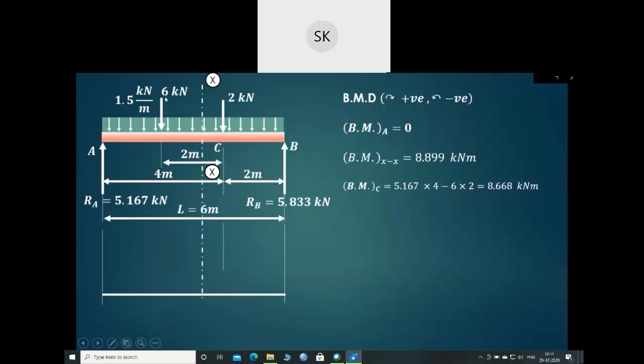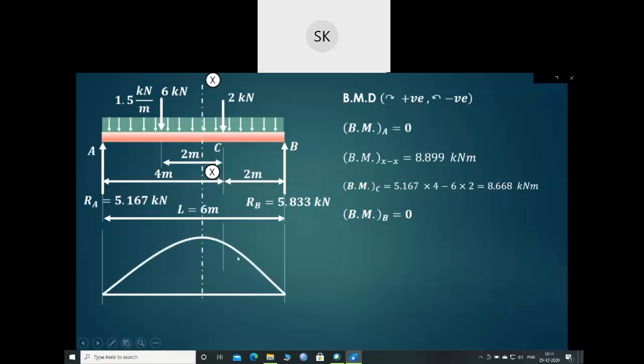Then the UDL which we have converted into a point load, that is 6 kilonewton, will produce anti-clockwise moment about C, and the perpendicular distance is 2. So the bending moment at C comes out to be 8.668 kilonewton meter. Then bending moment at point B will be 0. So using these values, we can easily draw the bending moment diagram.